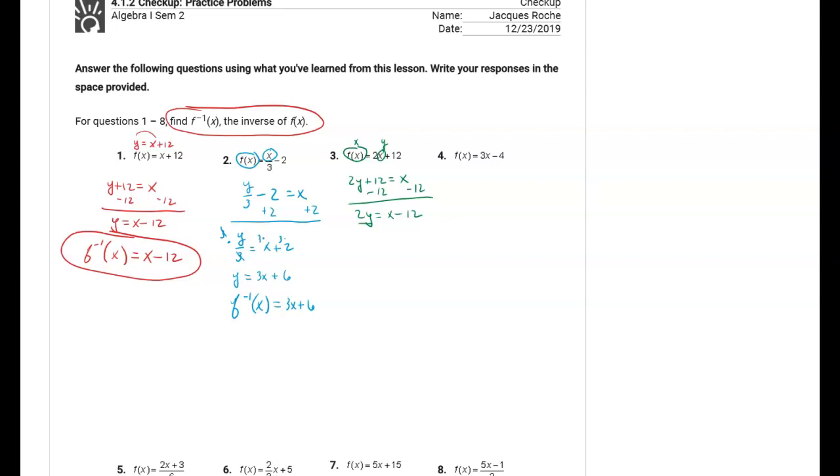To get rid of 2, I would divide everything by 2. So y would be equal to x over 2 minus 6. And x over 2, remember, is the same as 1/2 times x. You can look at it either way. So the inverse of f of x would be 1/2 x minus 6.